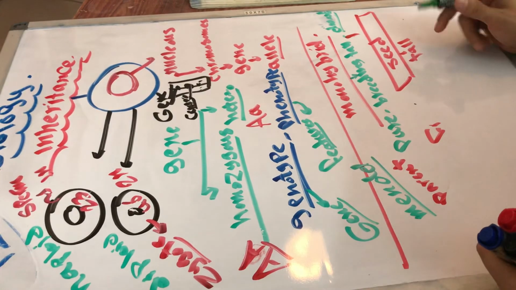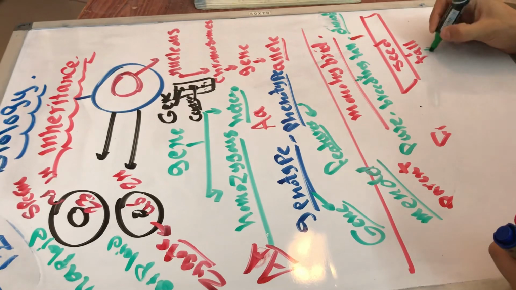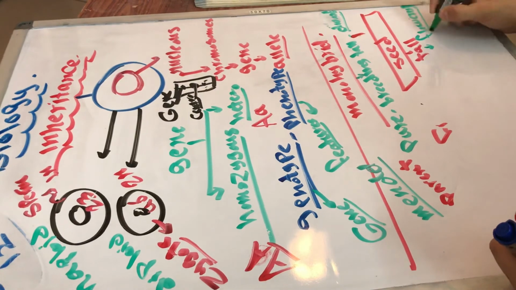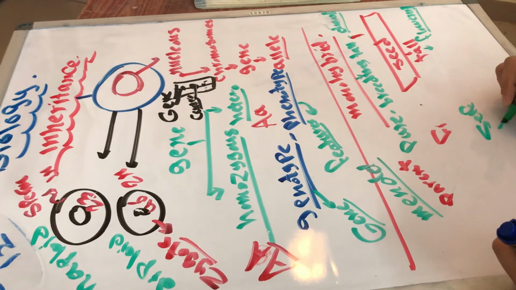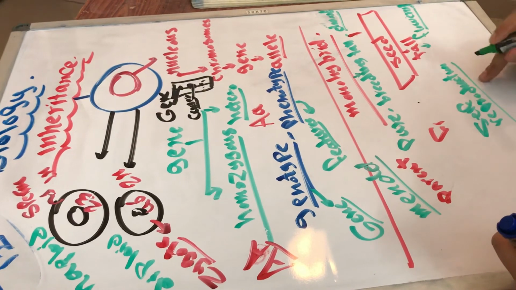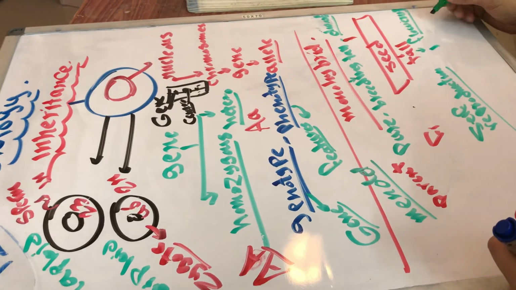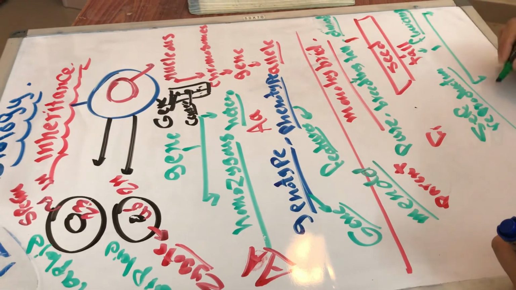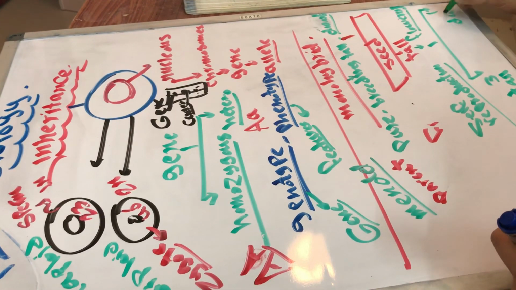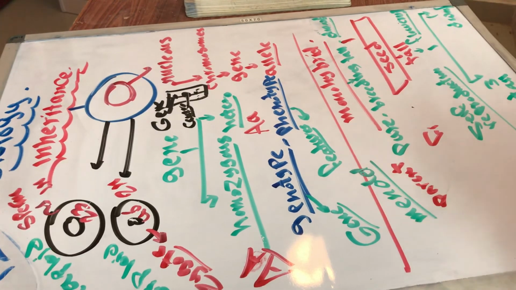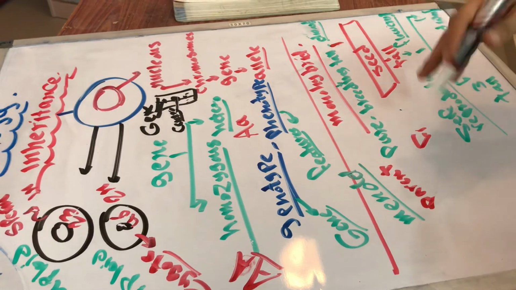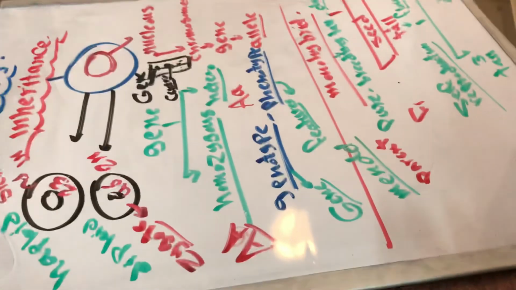For the second generation, after flowering the plants make self reproduction, and produce two kinds of plants in a 3 to 1 ratio: 3 tall and 1 dwarf. This is an example of monohybrid, and I give you information and explain all these points.